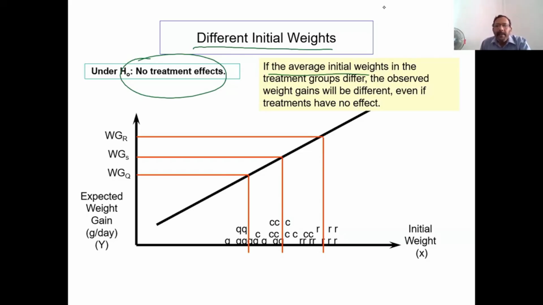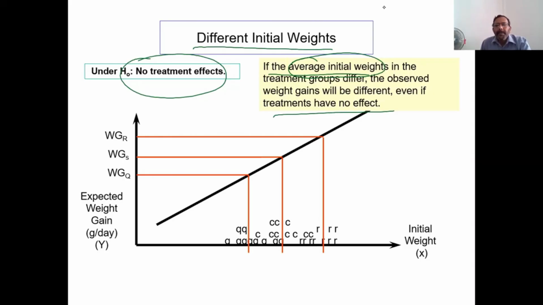Do you agree with that? Because they are having different initial weights. If they have different initial weight, definitely their weight gain should be different, even if there is no treatment effect.